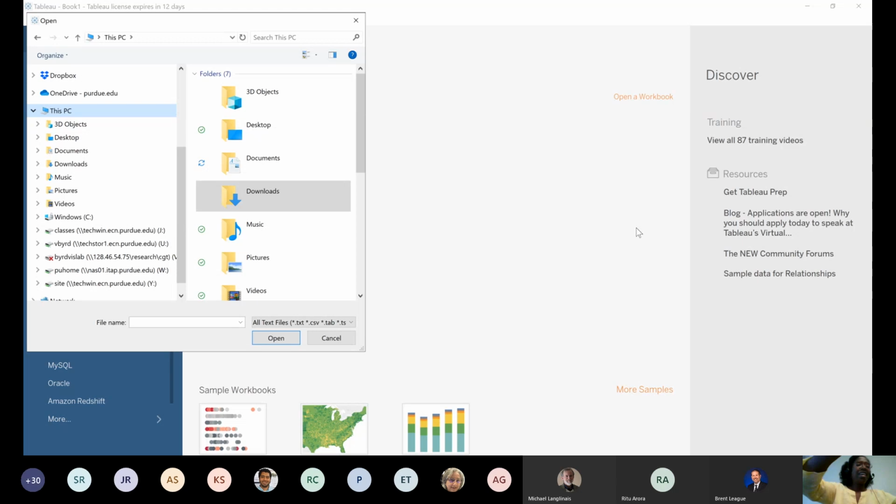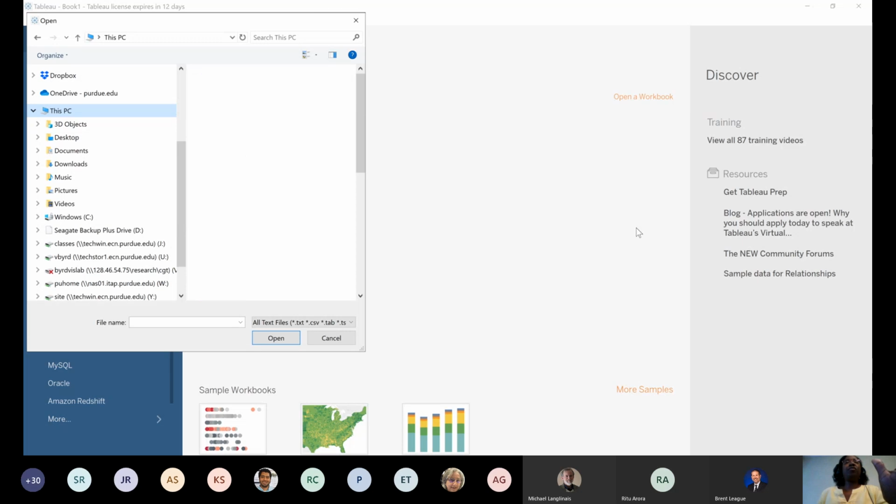locate mine. If you're able to load it into Tableau, you should be able to load the spreadsheet, and there's a little icon in the upper right corner that says show me.